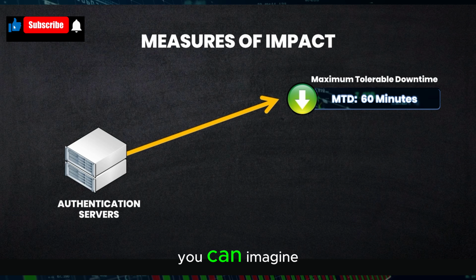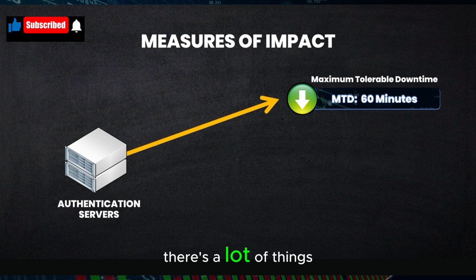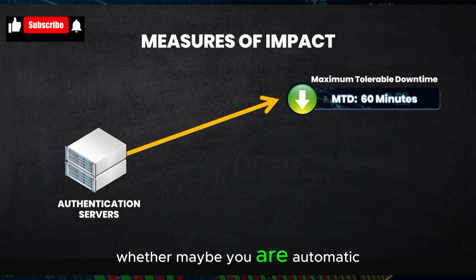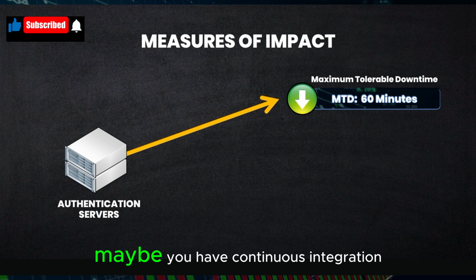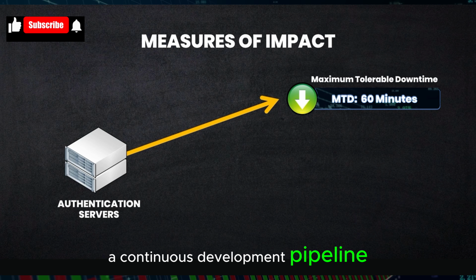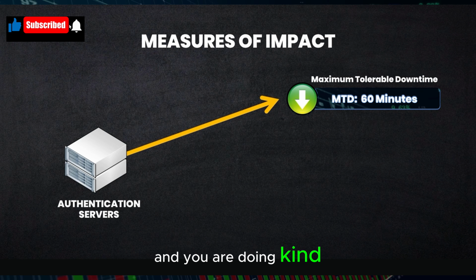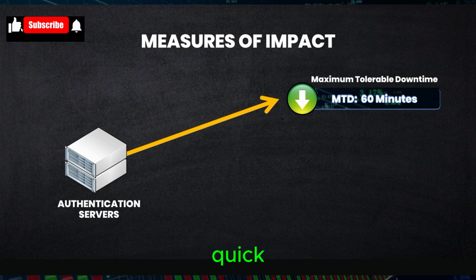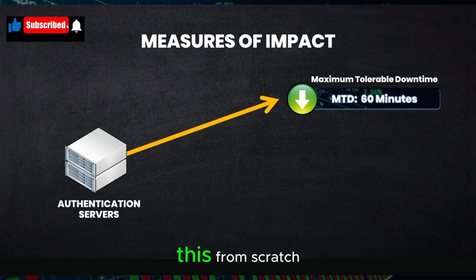Now you can imagine there are a lot of things that go into the equation. Maybe you have automated your infrastructure, maybe you have a continuous integration, continuous development pipeline, and you are doing kind of DevOps things where you can just spin it up real quick. Or maybe you are building this from scratch.